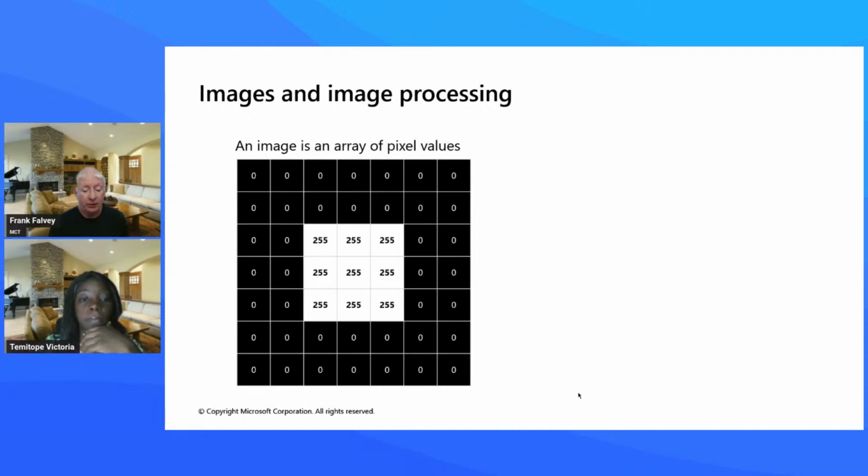A color picture consists of 3 arrays called channels, each containing pixel values for red, green, and blue. Most image processing involves applying filters, which consist of kernels that define an array of weighted values. So that's how they use them.